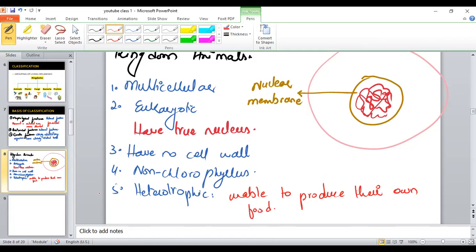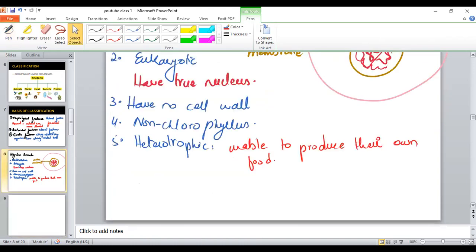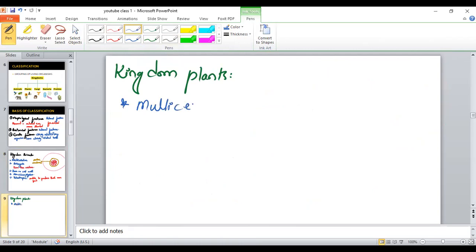Okay. Then we are talking about kingdom plants. Kingdom plants again have multicellular and eukaryotic members.